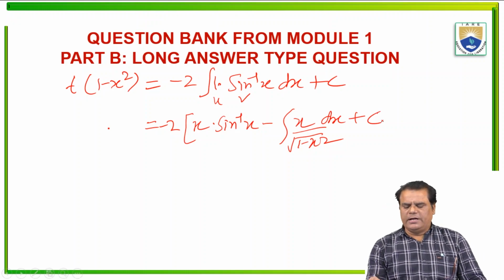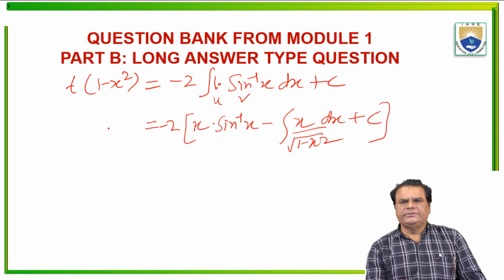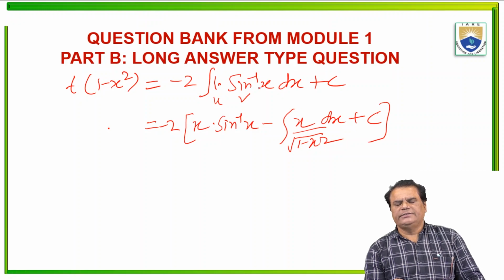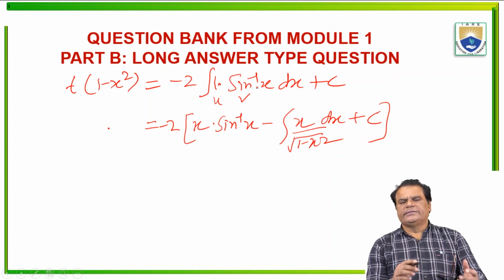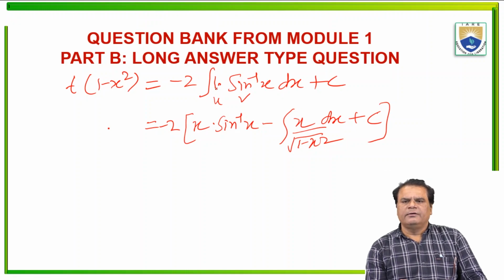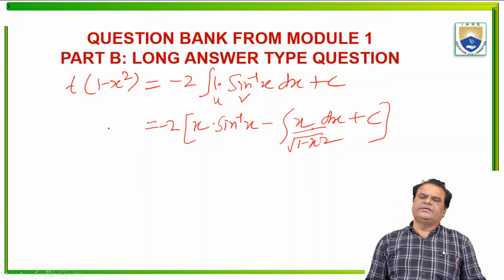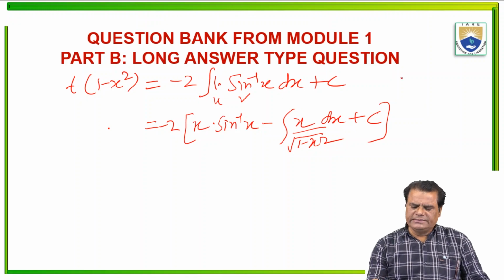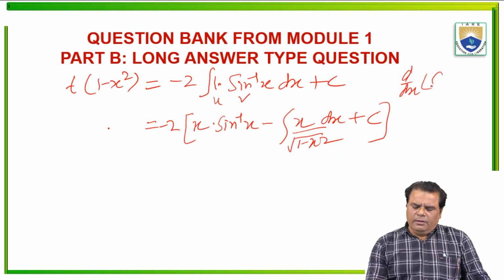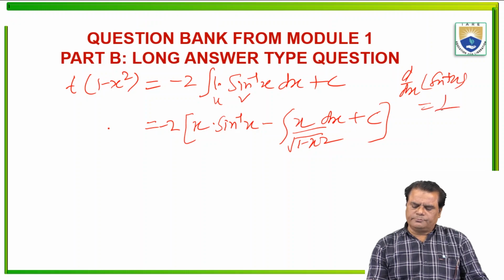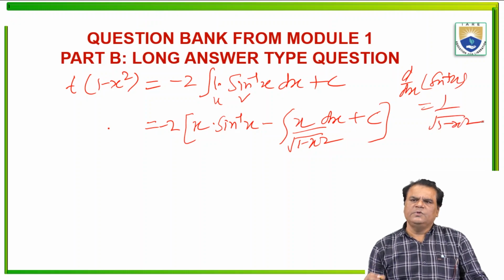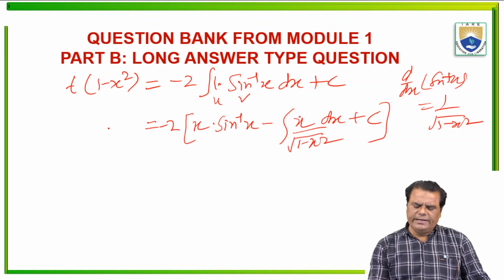Here we apply the formula: 1 is the first function, sine inverse x is the second function. So integration of first function 1 is x, second function is constant, minus integration of first and differentiation of second. So the differential of sine inverse x is 1 upon under root 1 minus x square. This formula is applied.